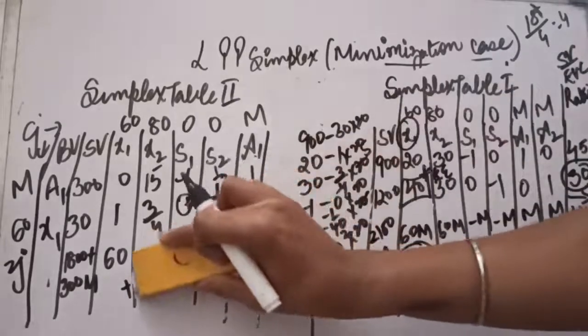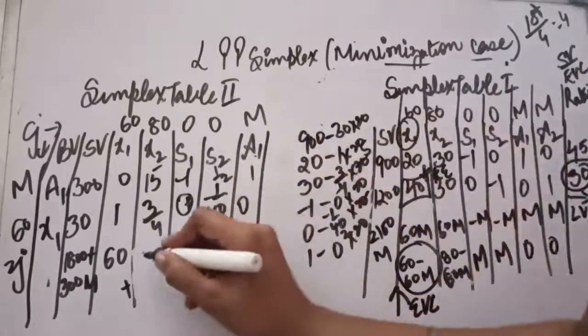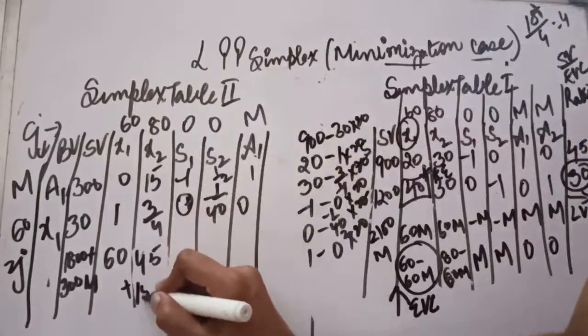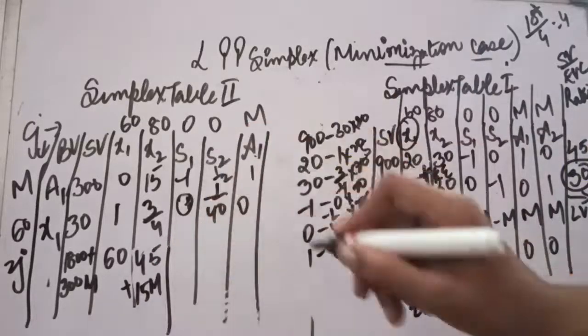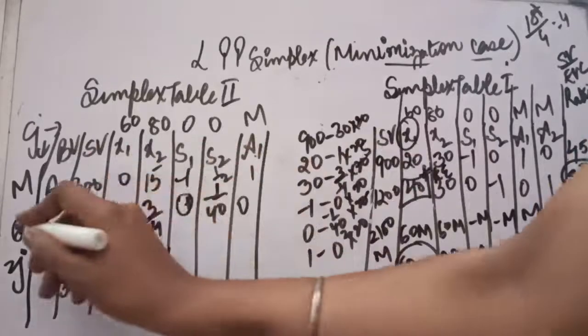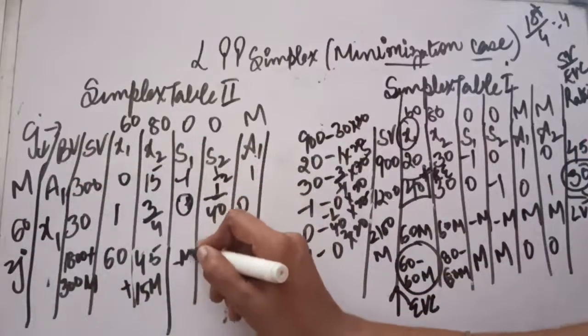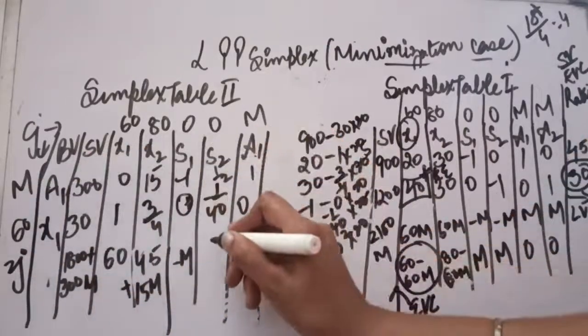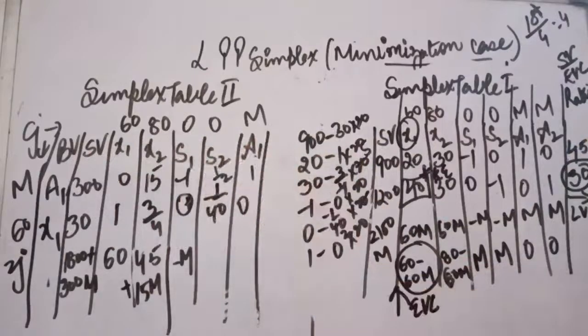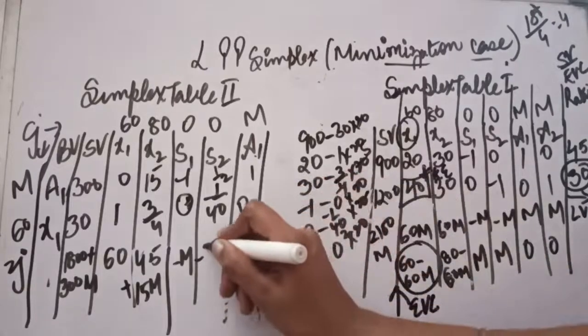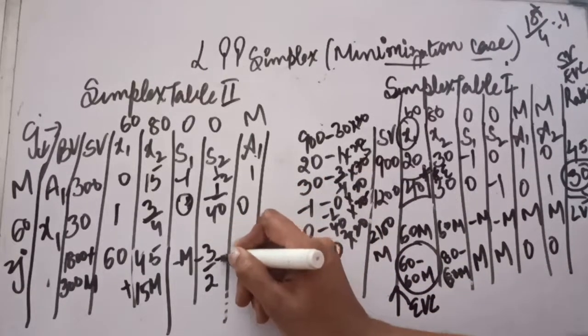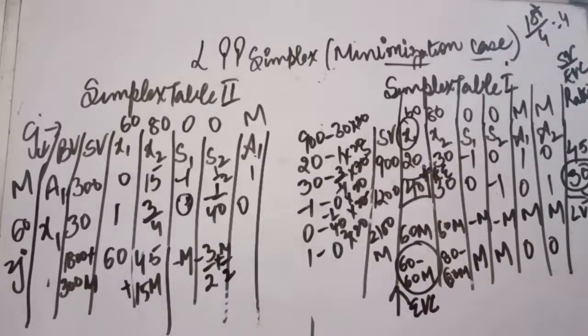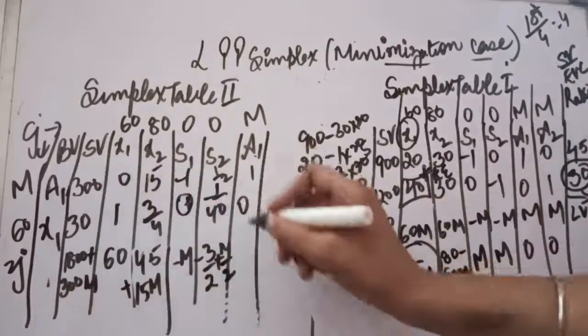So we can write here 45 plus 15m. Next will be m into minus 1 plus 60 into 0, so it will be minus m. Next will be m upon 2 plus 60 into minus 1 upon 40, minus 3 upon 2 plus m upon 2. Or we can write here minus 3 plus m, the whole denominator 2. So it will be m.